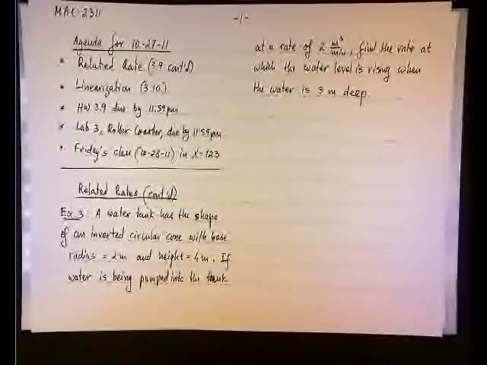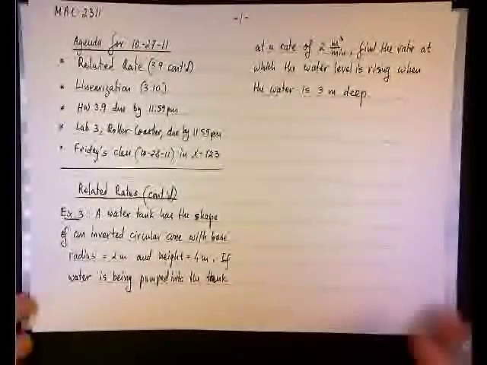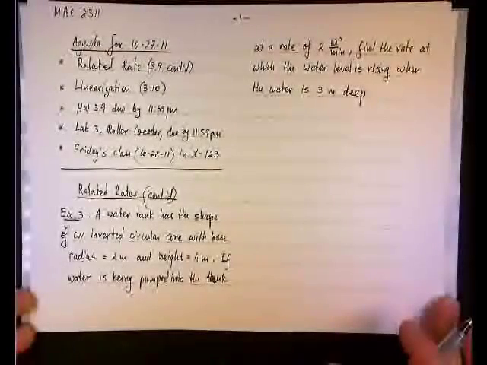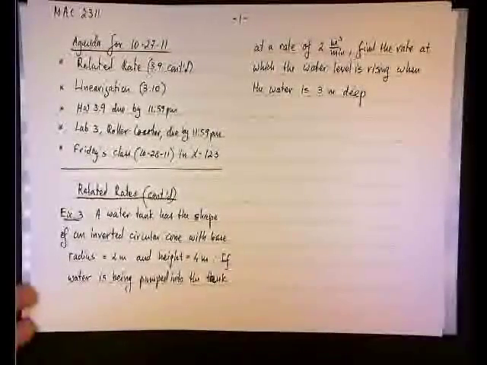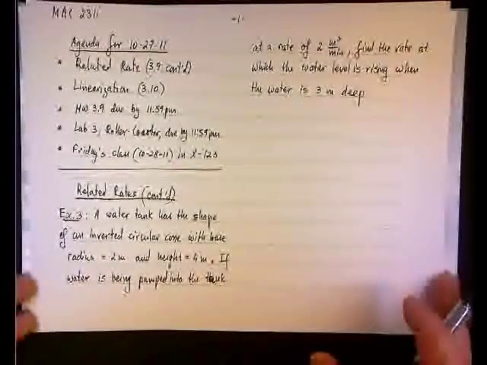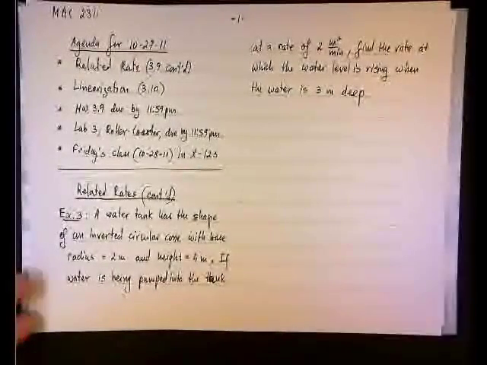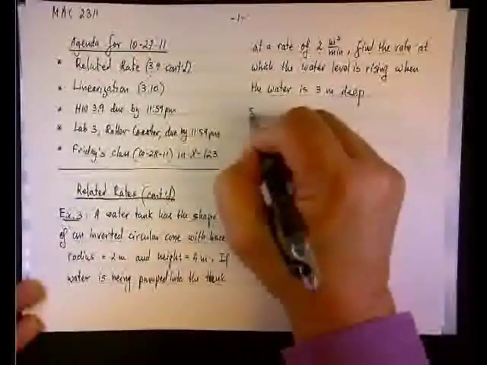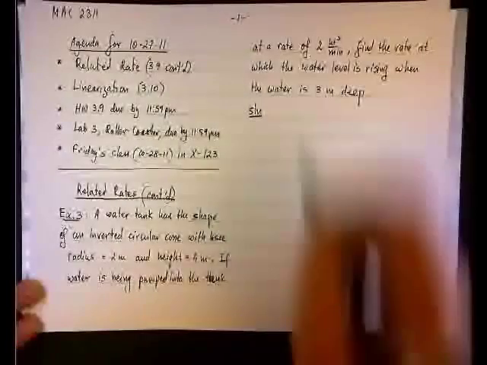Okay, a typical worded, lengthy worded problem. If there is something in common to this related rate business, you have a long description of the problem, and then you need to figure out what's going on.